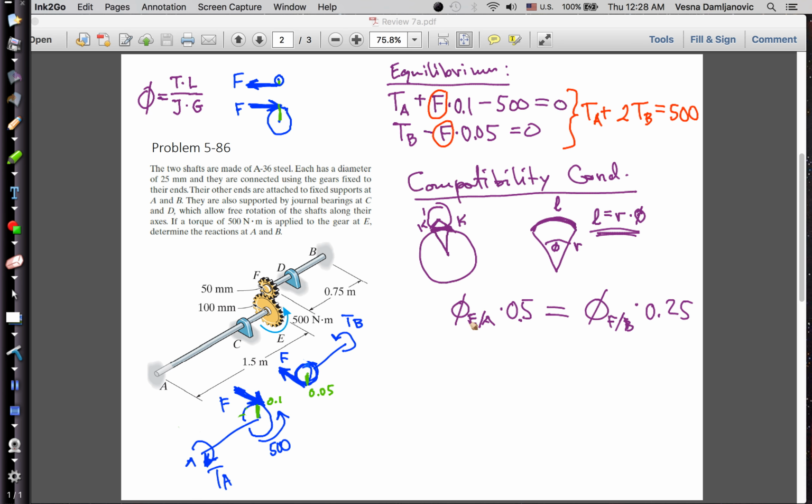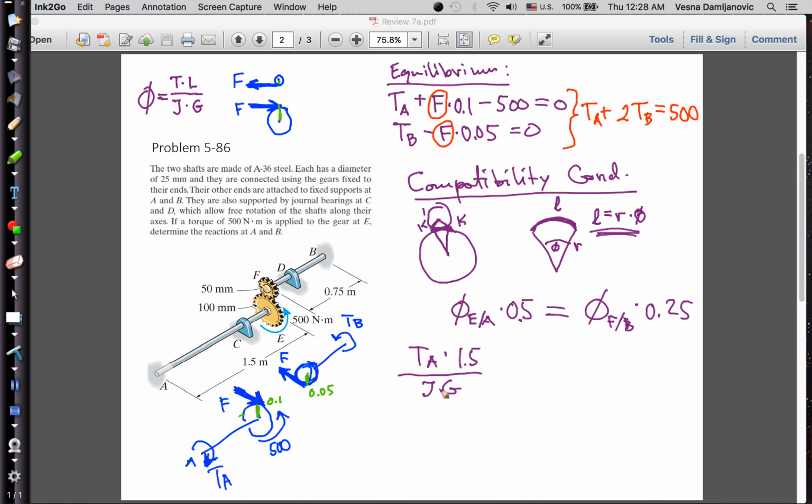So let's just write it up. For the first one, we write TA times the length 1.5 over JG, times 0.5, and that's equal to TB times 0.75 divided by JG, times 0.25. Why am I not substituting anything here? Because these two shafts have the same diameter and are made of the same material, so those things are going to cancel. When they're not, I would have to substitute.